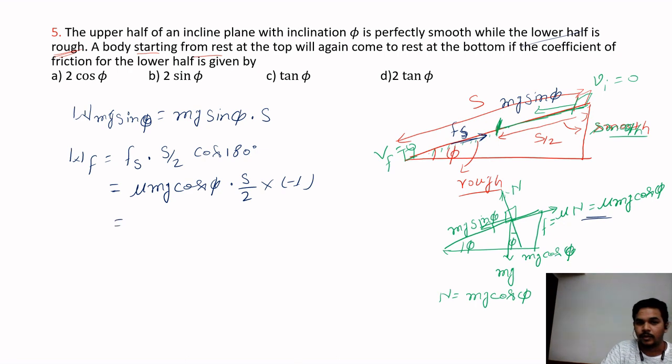So this value will come as minus mu mg s cos phi by 2. Remember, work done by friction force becomes negative.